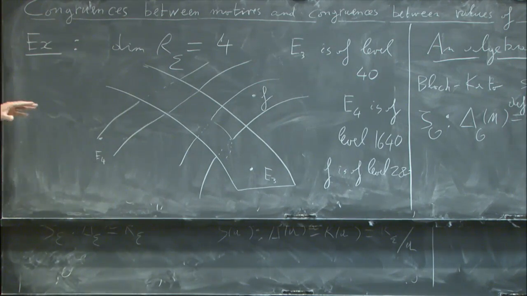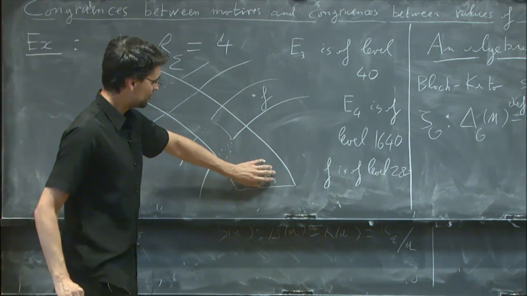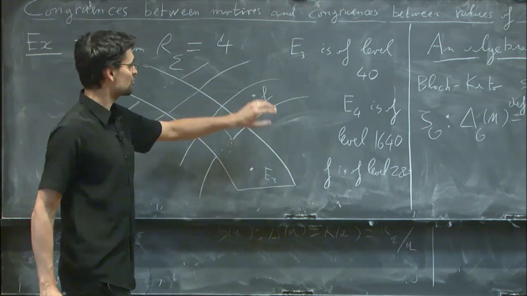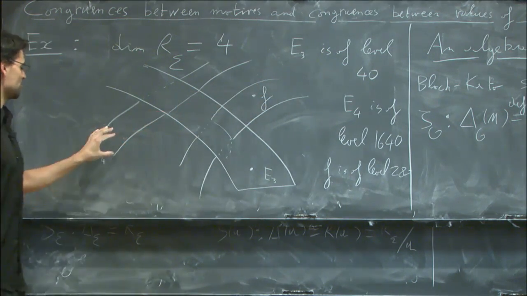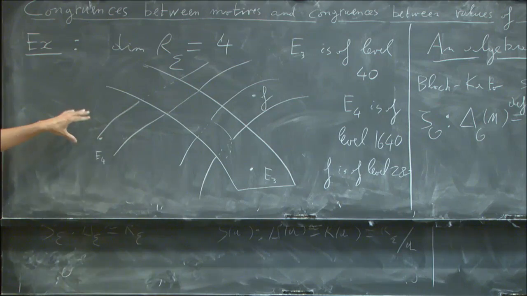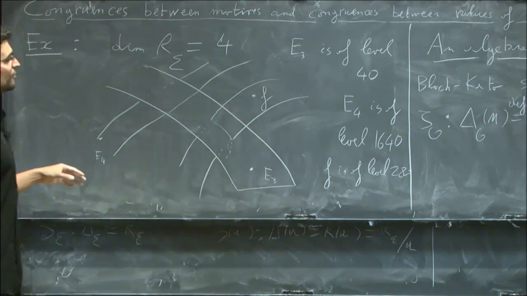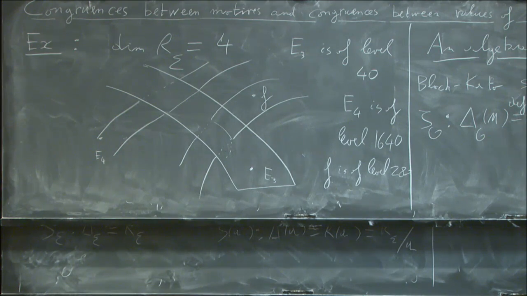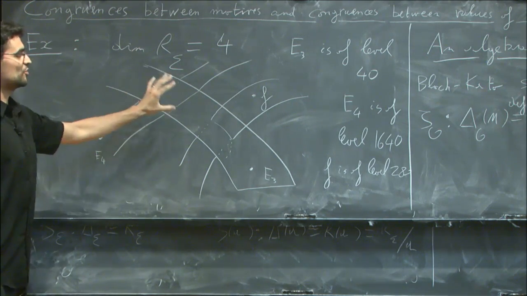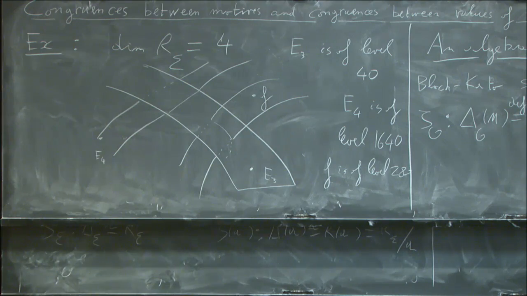And in that case, the special values of E3 are p-adic units, the special values of F are p-adic units, and the special values of E4 are not p-adic units. So that you could check computationally, but I want to see if my algebraic variant of Emerton-Pollack-Weston can predict this. And we are not in the ordinary case, so we cannot apply their proposition.